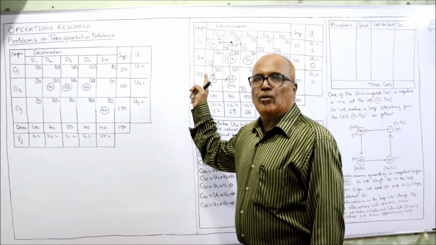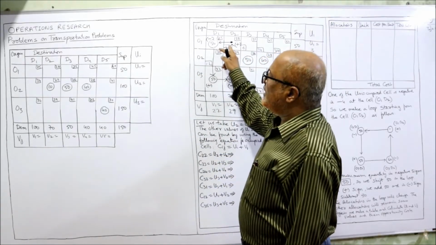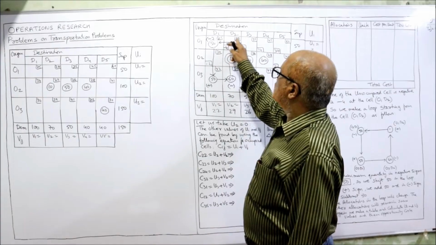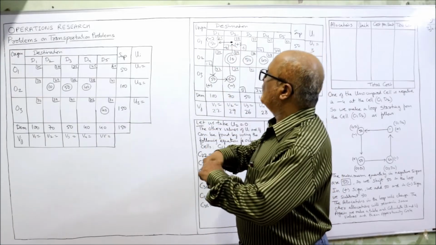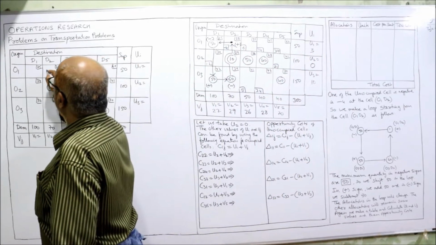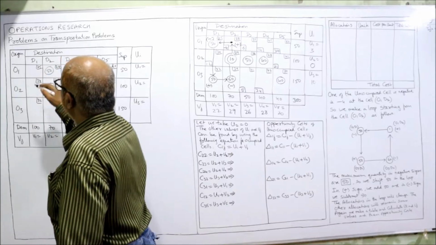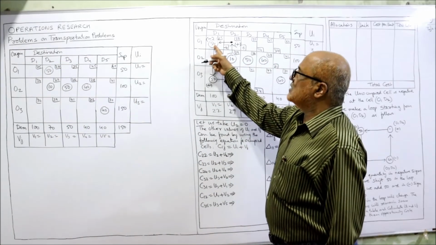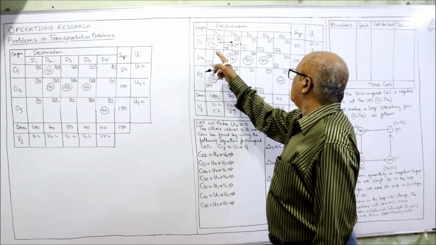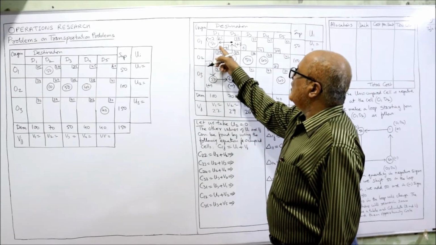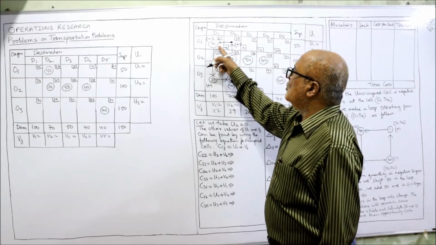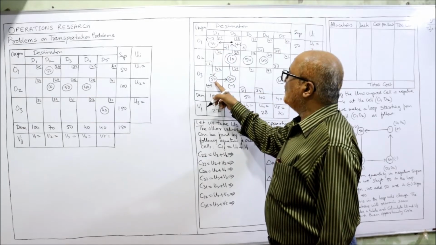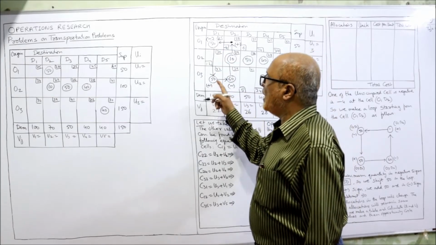Now I am changing the allocations. Earlier this was empty here. Now I am allocating 50 units here, right? From here to the left side, 50 minus 50, 0. So earlier there was an allocation in the first cell. Now 50 minus 50 will become 0, so no allocation. Now here 50 plus 50, it will become 100.